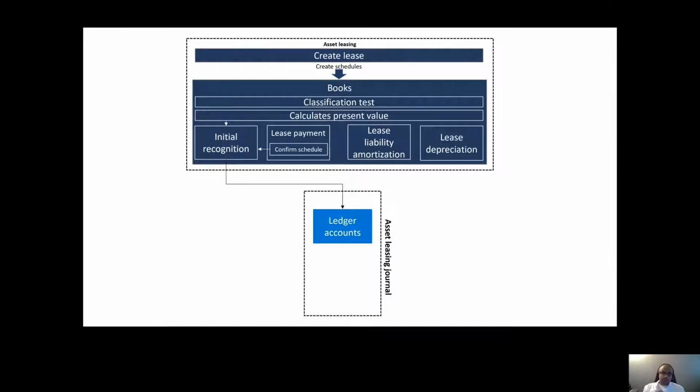When we confirm the schedule, the system will open for us the option to generate the initial recognition journal. And this will be posted to ledger accounts through the asset leasing journal. This is a specific journal for asset leasing.